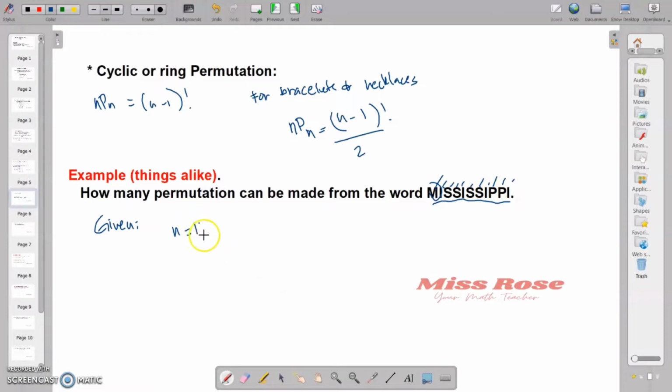So there's 11. Next, how many I's? From the word Mississippi, 1, 2, 3, 4. There are 4 letter I, and 4 also letter S, 1, 2, 3, 4. Then two P's, 1, 2.